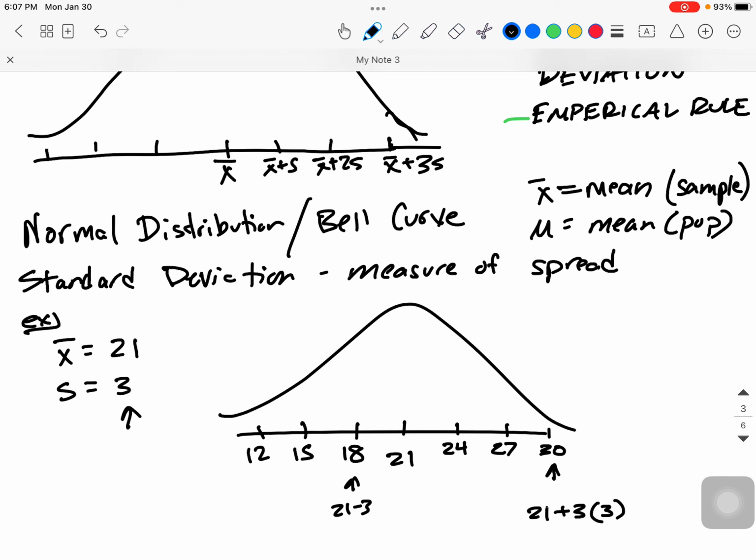If you're above average height, your data might fall over here. If you're below average height, maybe your data falls over here. But let's just say your height was 15. I could also describe that height as 2 standard deviations below the mean.